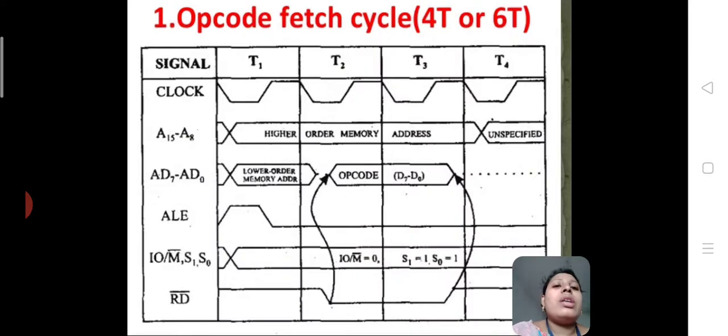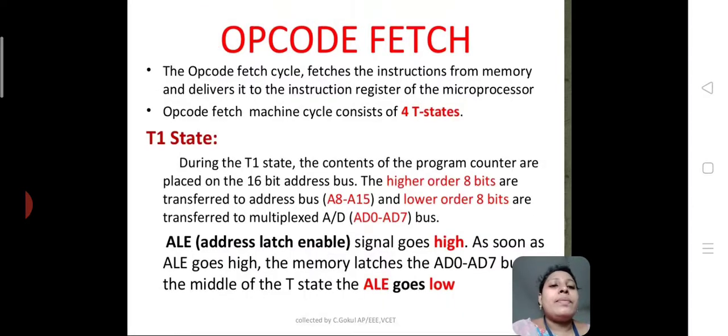We already saw this in the timing diagram. The program counter holds these two address buses: A8 to A15 is the higher order address bus and AD0 to AD7 is the multiplexed address and data bus.